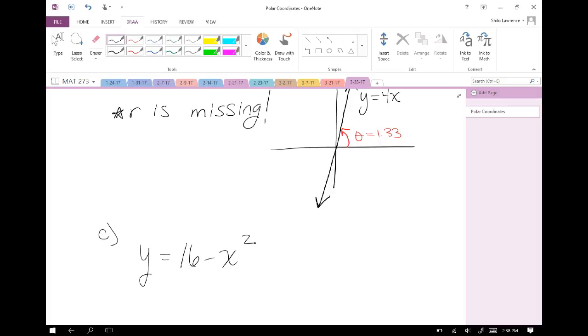Always look for a chunk first. I see no chunks. You can do x squared equals r squared minus y squared, but we've got to get rid of all x's and y's, so we don't want to do that.